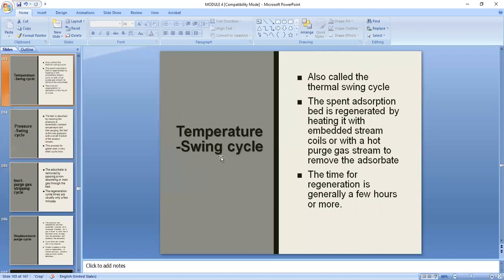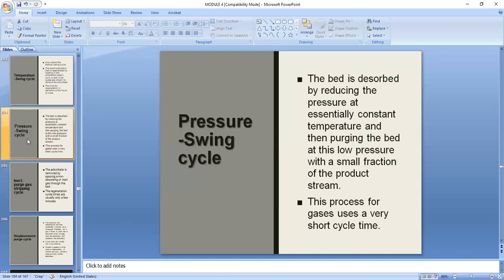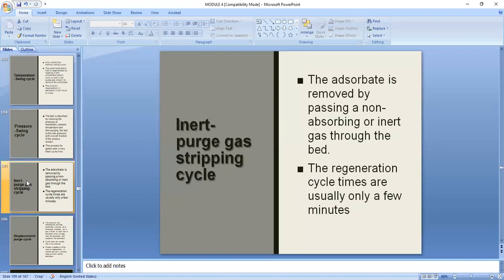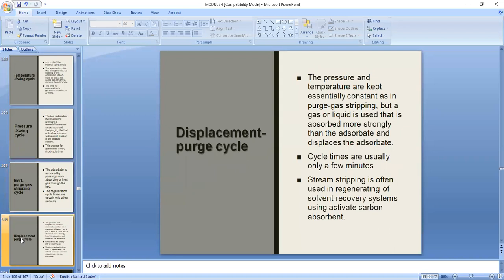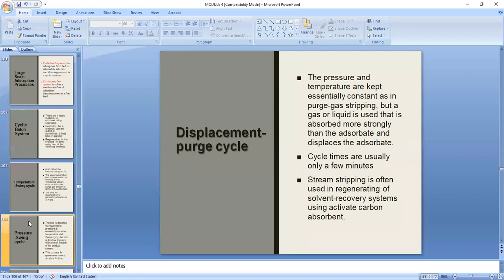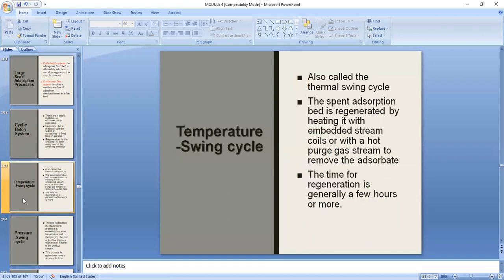We have the temperature swing cycle, the pressure swing cycle, the inert purge gas stripping cycle, and the displacement purge cycle. This is how our beds in the cyclic batch system are being regenerated so they can be used again. Okay, so let's go to the temperature swing cycle.